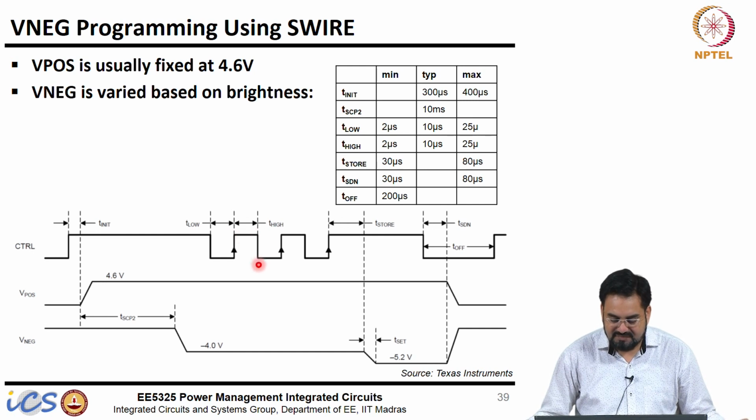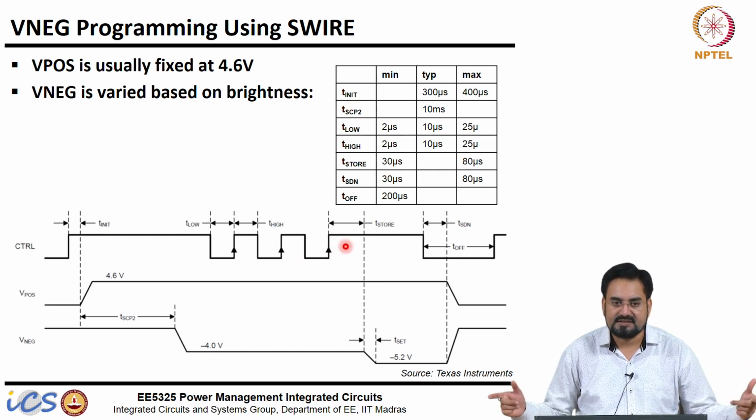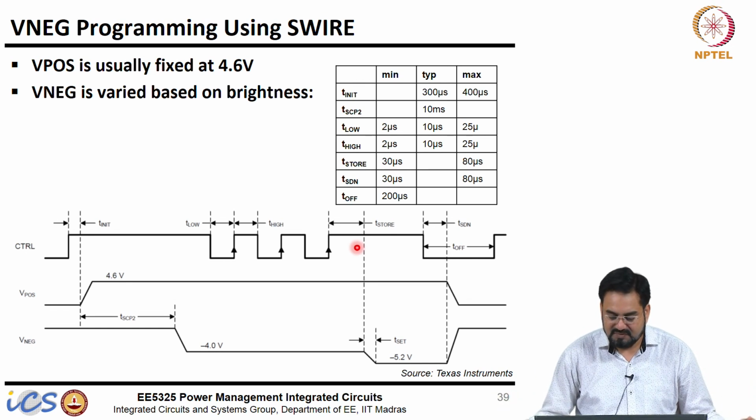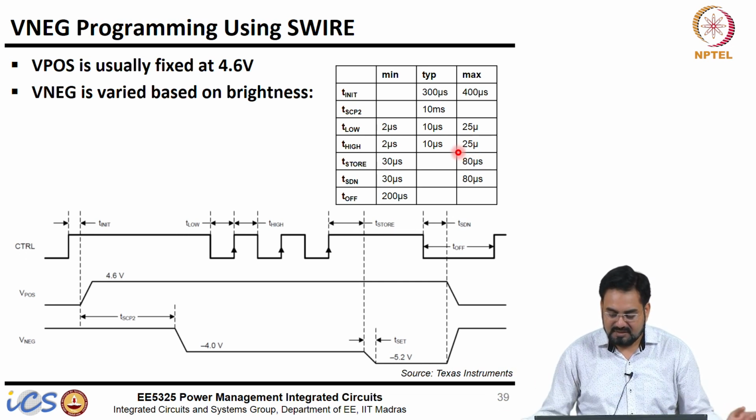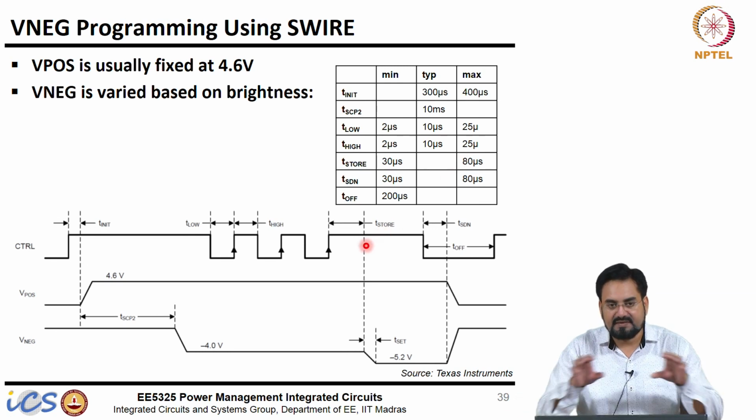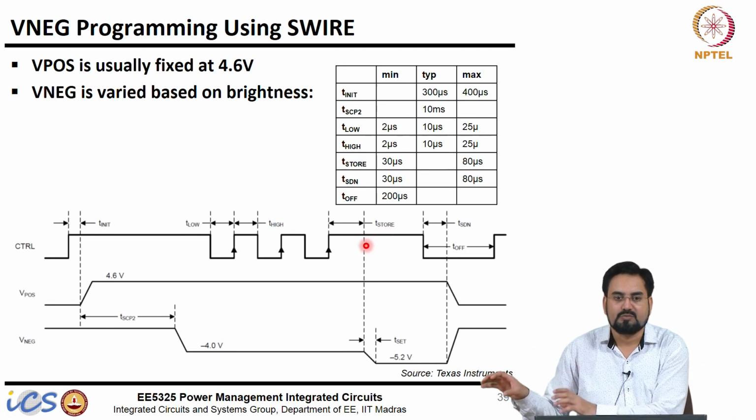Okay. And then after that it will keep counting, and the reason we have 25 microsecond is because 30 microsecond is the store. Okay. So, after 30 microsecond, if no pulses come, then it will act as store. Within 30 microsecond, if you get, let us say, one more pulse, then it will keep programming, and only after 30 microsecond will it latch the output.